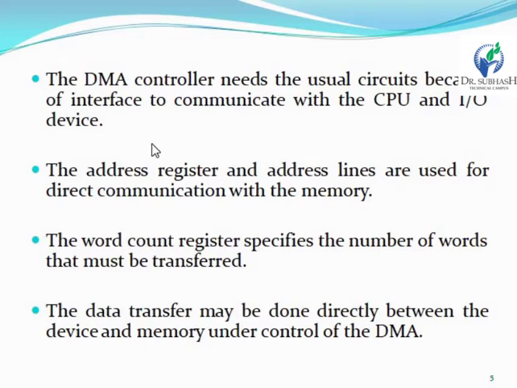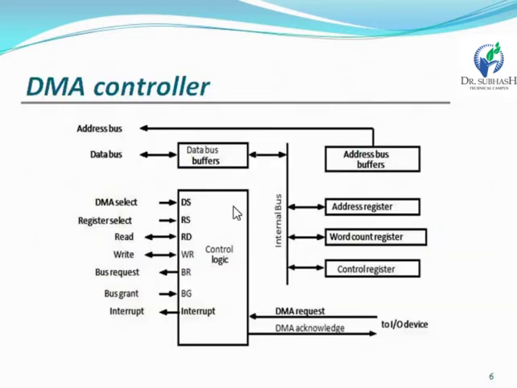Now some short description of the DMA. The DMA controller needs the usual circuits because it is the interface for communication between the CPU and the I/O device. We can show the circuits the DMA uses. This is the DMA controller.